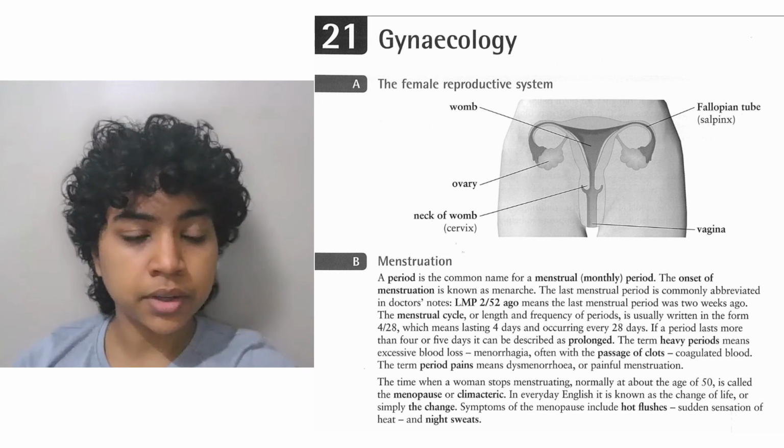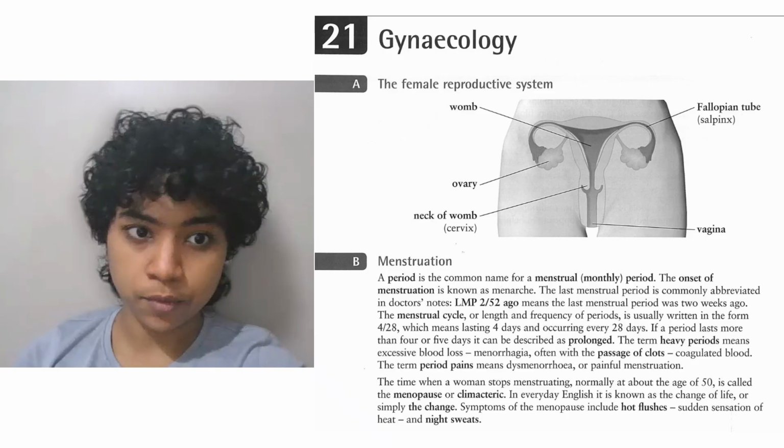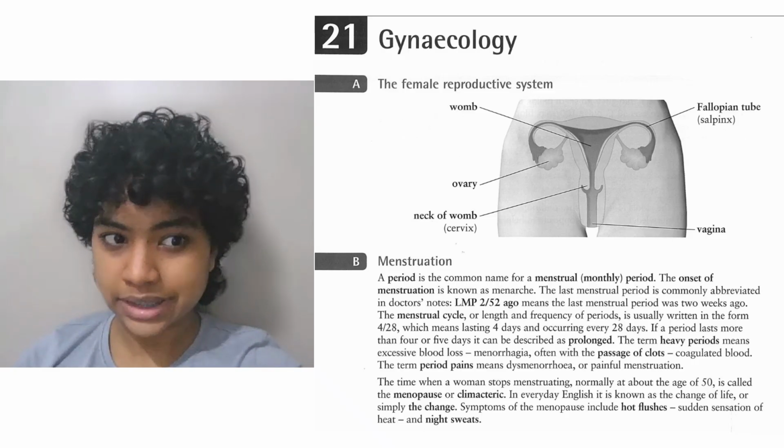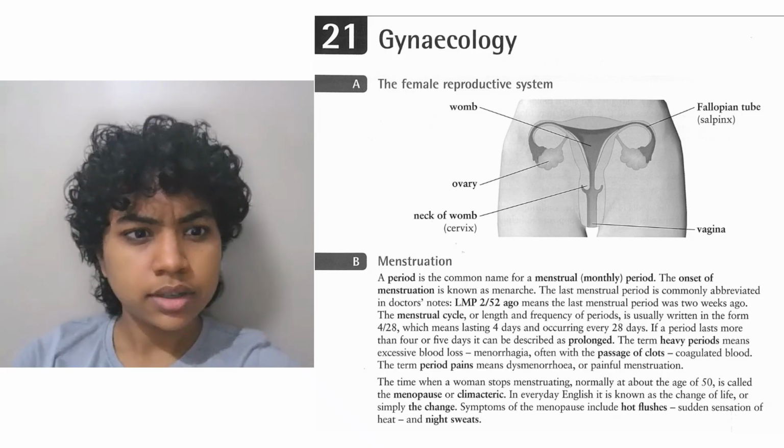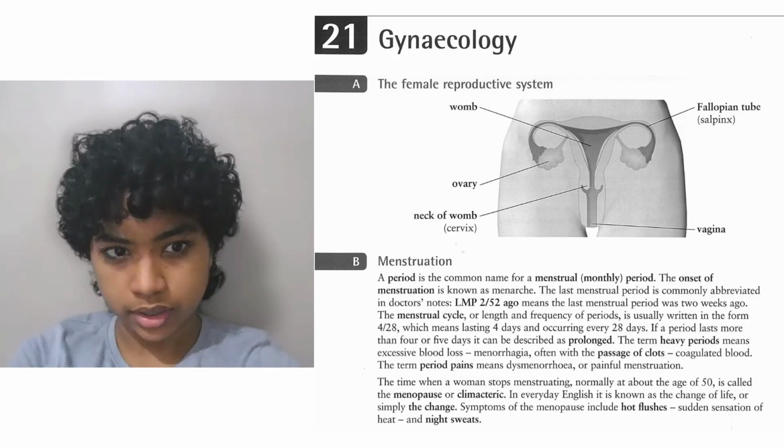If a period lasts more than 4 or 5 days, it can be described as prolonged.